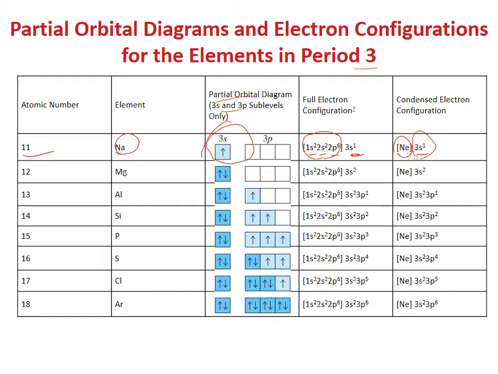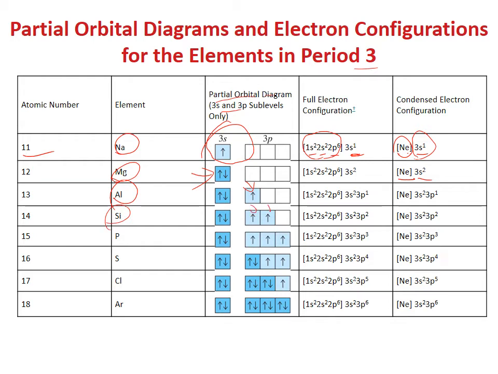So 3s only has one electron, so that's sodium. And then magnesium has one more electron, so this goes to 3s, 3s2 electrons. Okay, so again, condensed configuration is neon, 3s2 electrons. And aluminum has one more electron, goes to 3p. Okay, silicon, 2 electrons go to 3p.